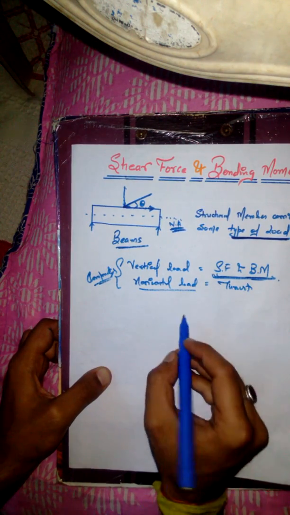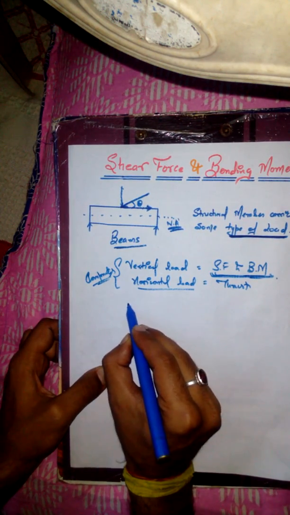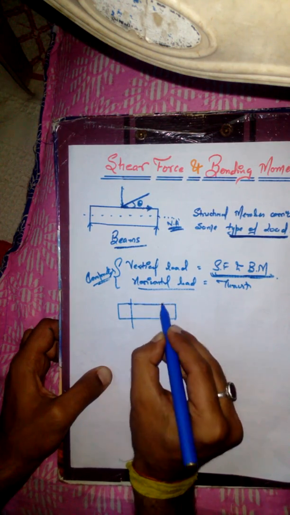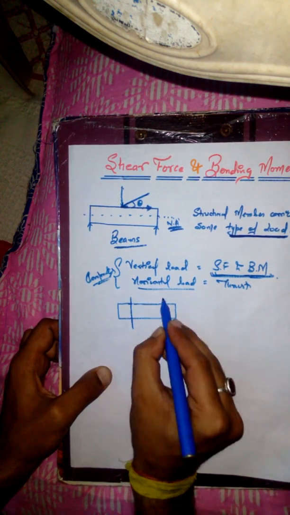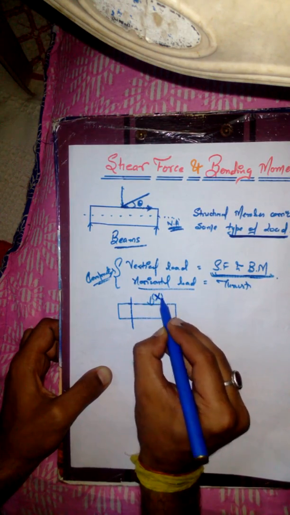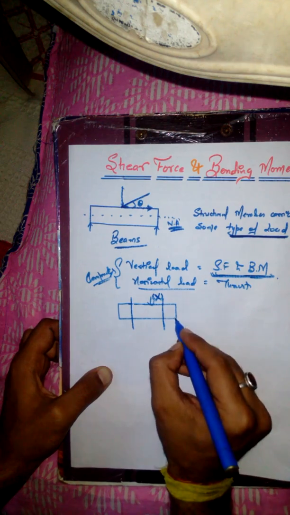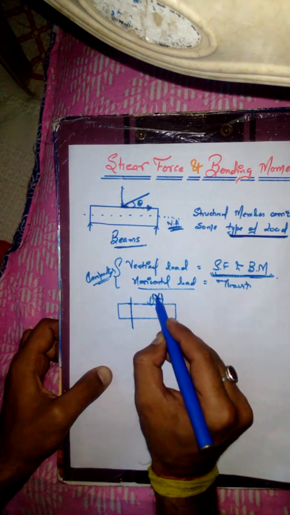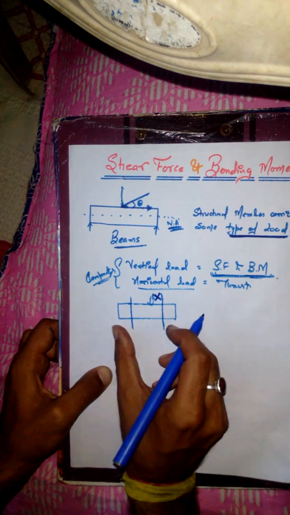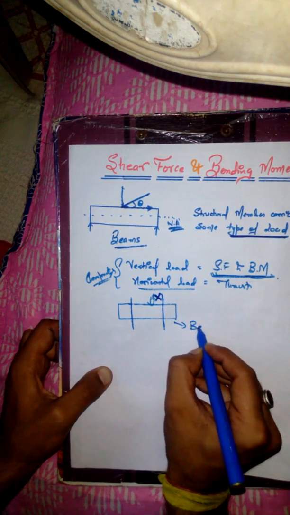So let's choose a section here. Let's take another beam. Let's choose a section here and some load is applied in the vertical downward direction. Due to this load, some stress is induced in this beam.